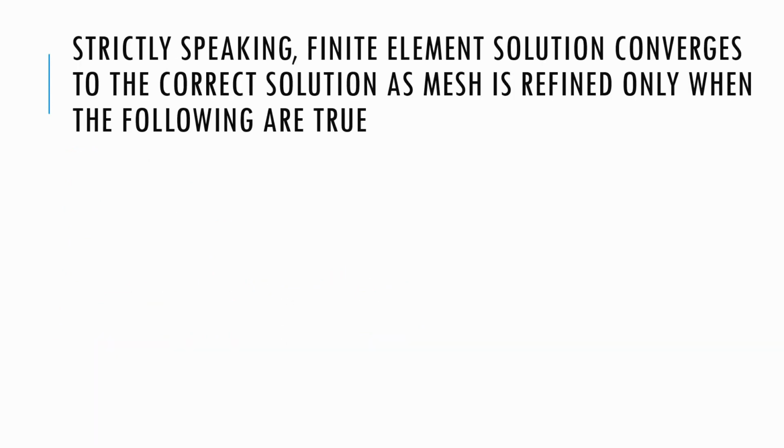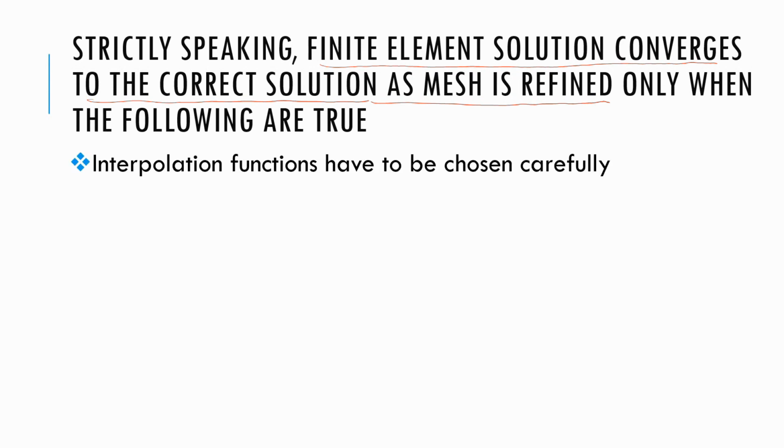So first, a very important theoretical statement that we can prove: the finite element solution converges to the correct solution as the mesh is refined. We can prove this mathematically only when the following are true. So interpolation functions have to be chosen carefully.